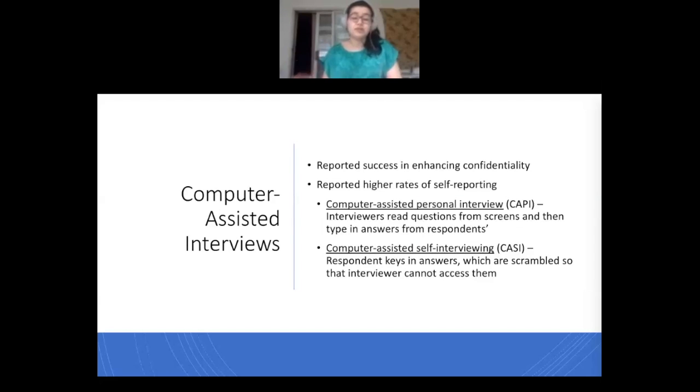And it could be quicker when there's this technology that's incorporated. And like we said, it's a higher enhancement of confidentiality. You can do it in different languages in a way that's sort of cost effective if you can't train all of your field researchers to know specific languages.